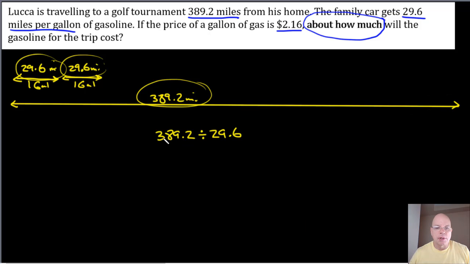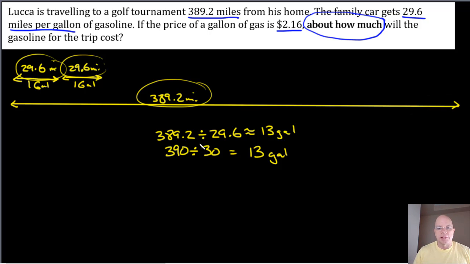A nice easy number close to 389 2/10 is 390, and a nice compatible divisor for that would be 30, because there are 3 30s in 90, and there are 10 30s in 300, and so 390 divided by 30 is 13. So this quotient would be approximately 13 gallons.